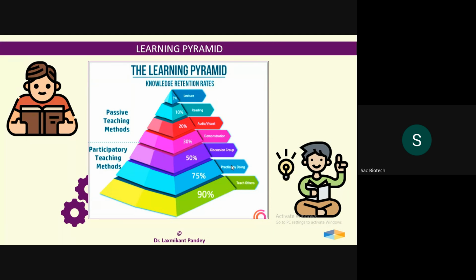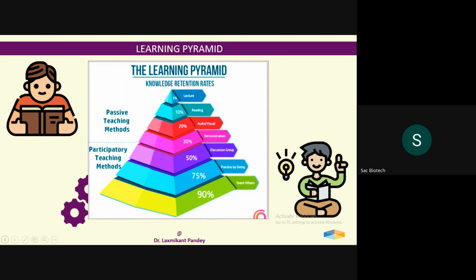So gradually you can see the knowledge retention rates increase with different types of teaching methodology. If you are giving a demonstration, meaning performing something in the lab, mainly a science lab, students can retain at least 30%, more than the reading and lecture methods.